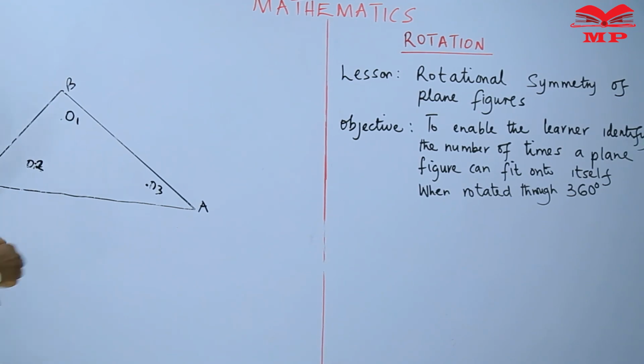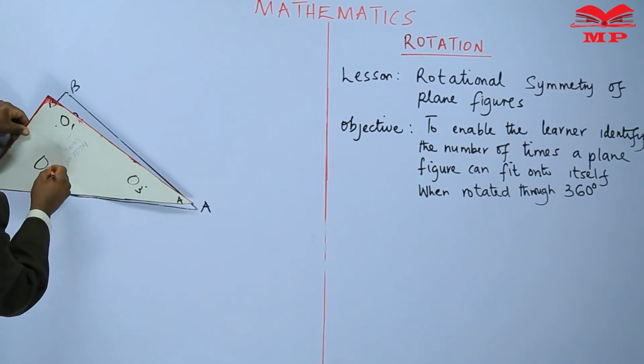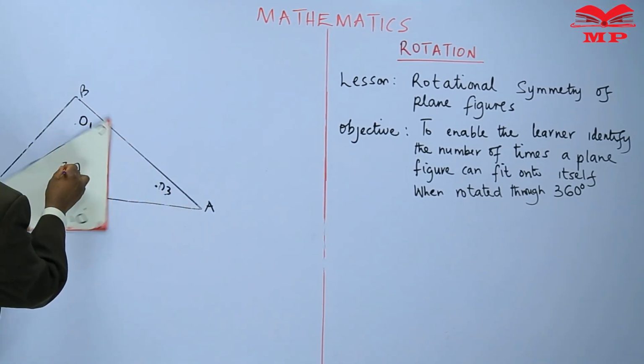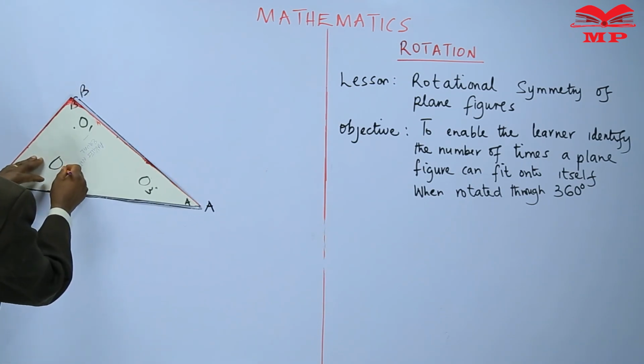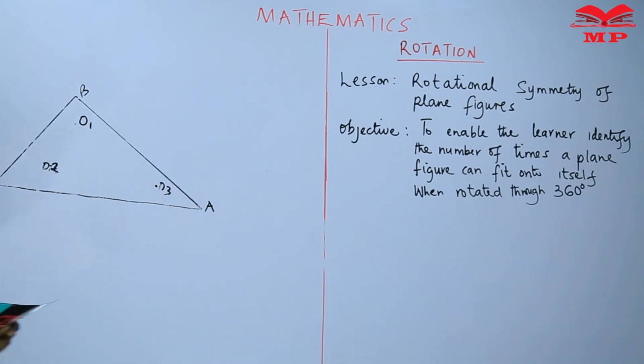I'll move there. I want to go 360 degrees. So I start. It is only once. Whichever place I choose, I'll only get one.